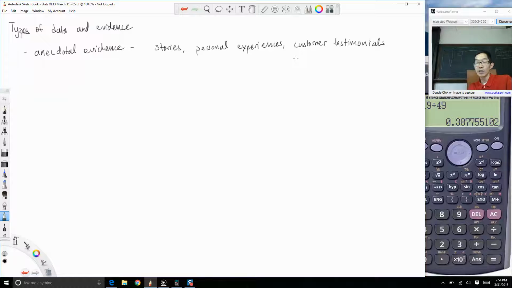However, from a statistical standpoint, we cannot really do anything with anecdotal evidence. We can't use it and analyze it in a meaningful way.